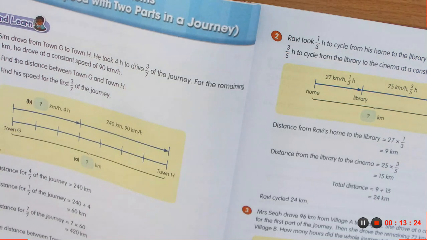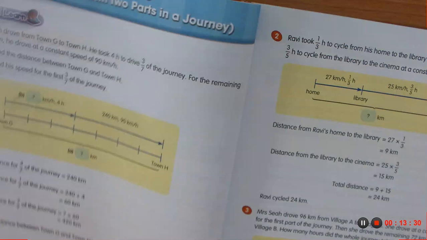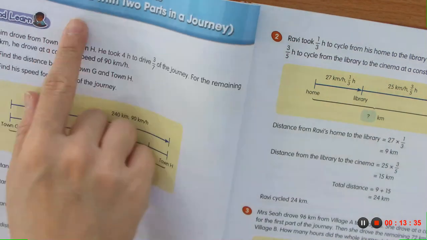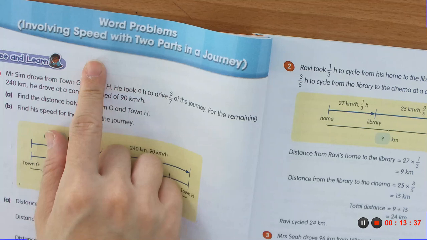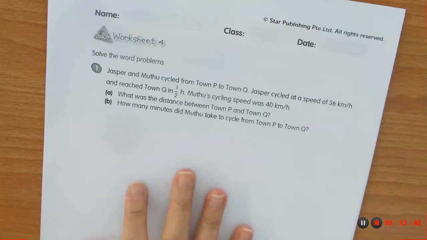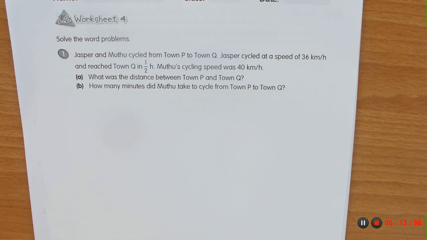Okay, let's get started with two questions before we move on to the new segment on speed involving two parts of the journey. Okay, and we are looking at the new set here. On page 9, level 2 question.